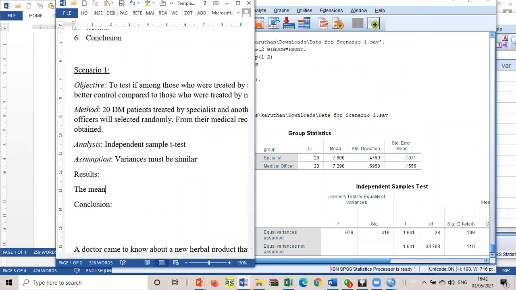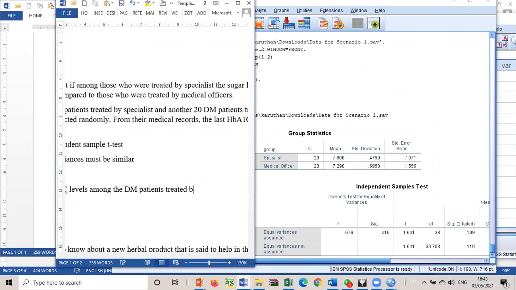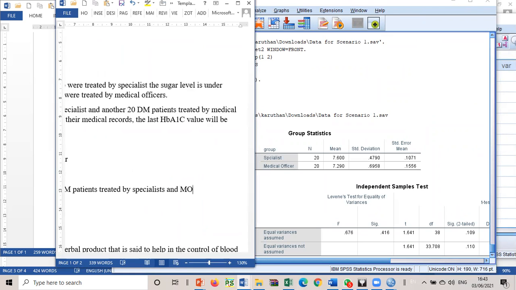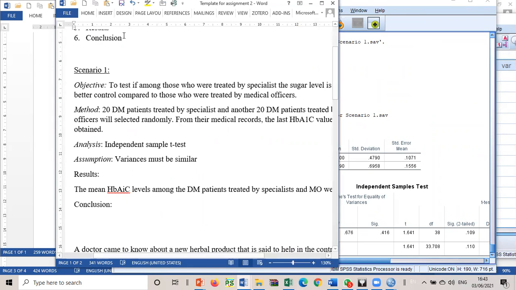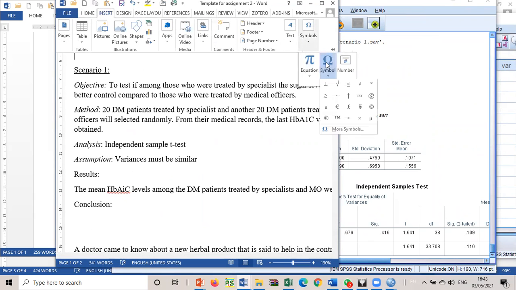The mean HbA1c levels among the diabetic patients treated by specialists and MO, medical officer, were 7.64, 2 decimals enough, plus minus, where is it?